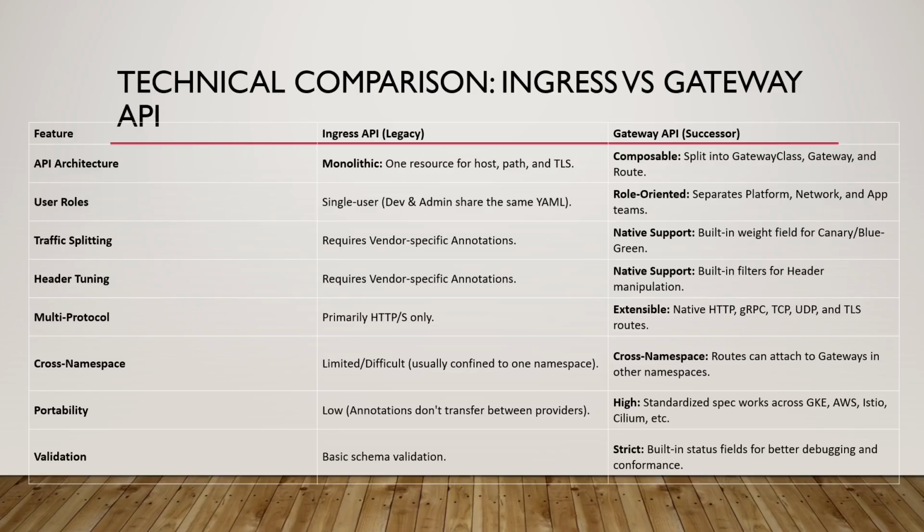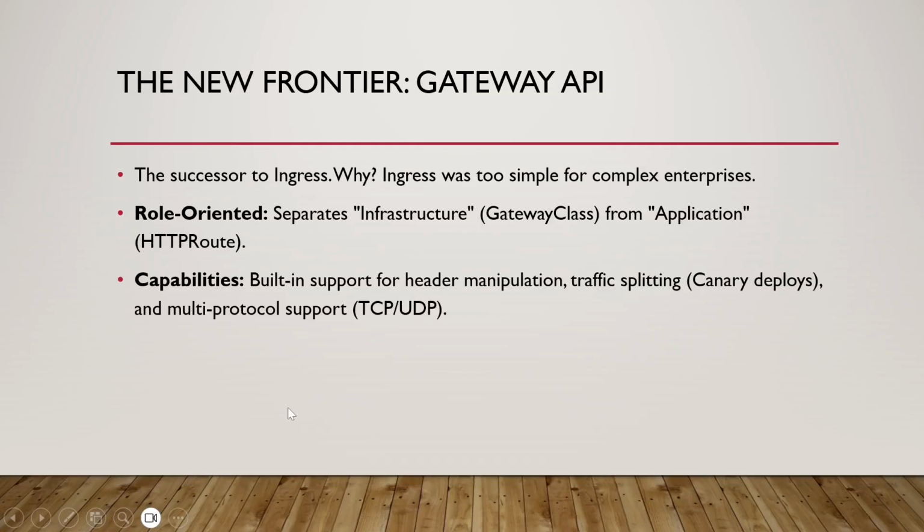It's extensible. For cross namespaces, Ingress has very limited or difficult support, usually confined to one namespace, whereas Gateway API supports cross namespaces; its routes can attach to gateways in other namespaces too. Portability is very low in Ingress, whereas it's high in Gateway API.